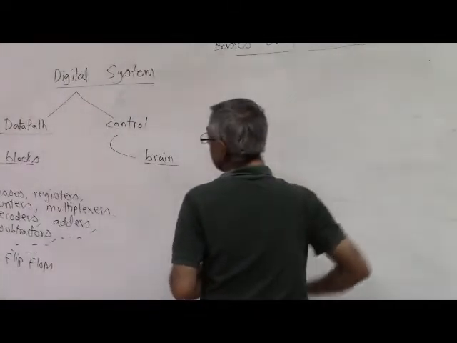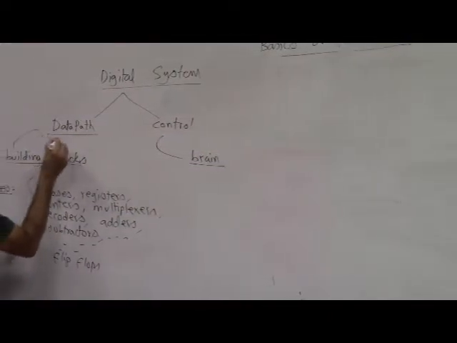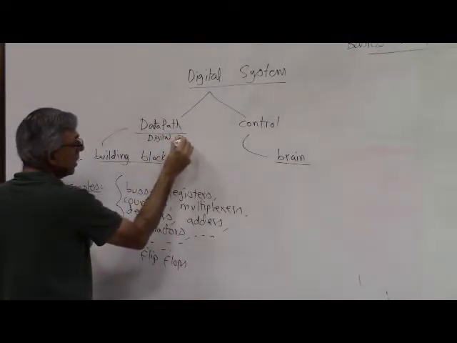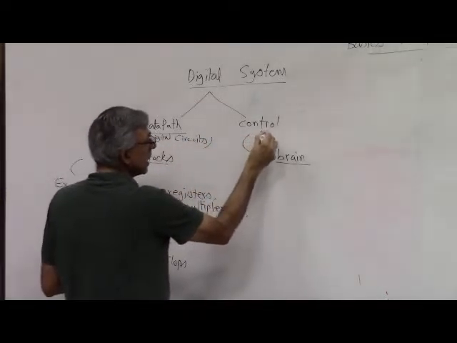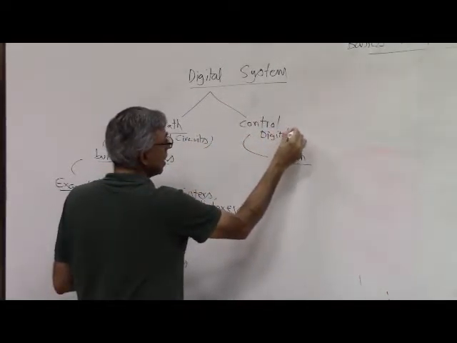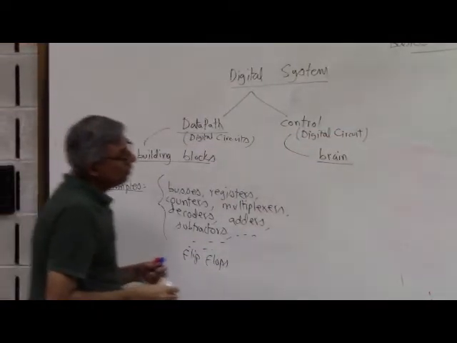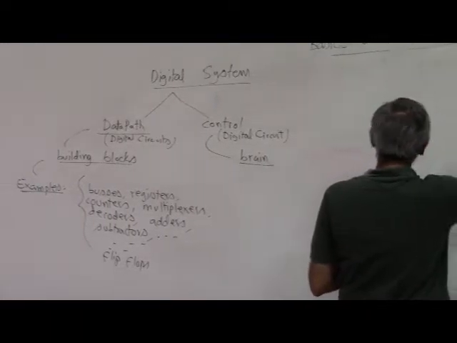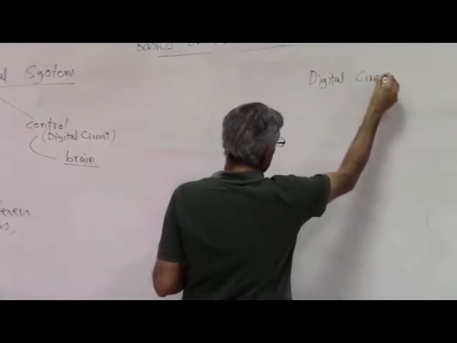Both of these, so this is the system. Data path is basically, all these parts are digital circuits. Even the control is a digital circuit. Now let's see what kinds of digital circuits, what's the difference between these two types of digital circuits.